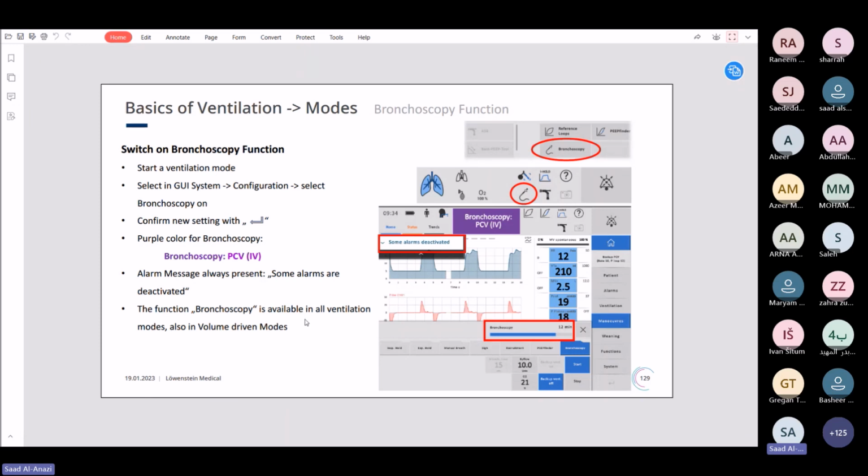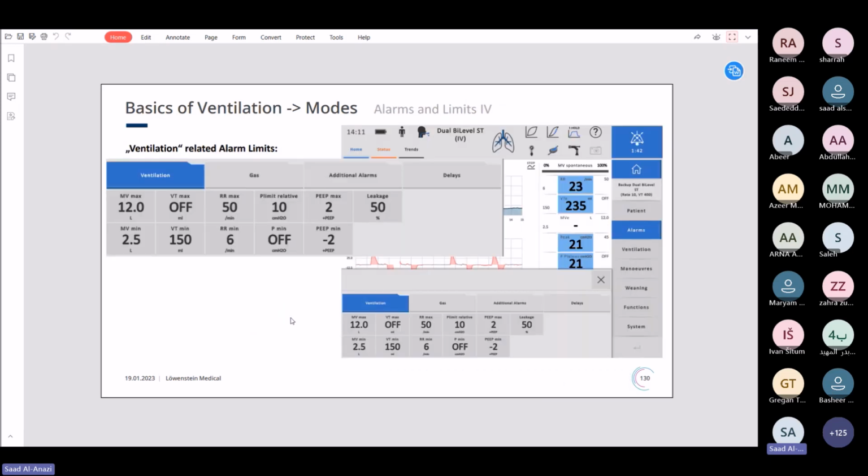So the three things that bronchoscopy does: deactivate alarms during the procedure, increase the FiO2, and leak compensation for the leakage, to maintain the minute ventilation and the patient's stability during the procedure.